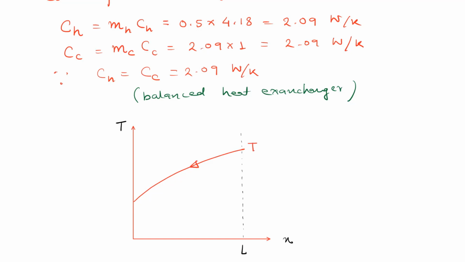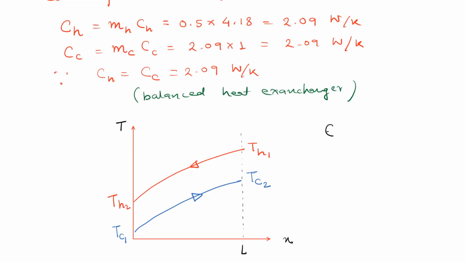So TH1 and this is TH2. Cold fluid will be passed in the opposite direction, right? So the temperature of cold fluid will increase, TC1 inlet, TC2, right?